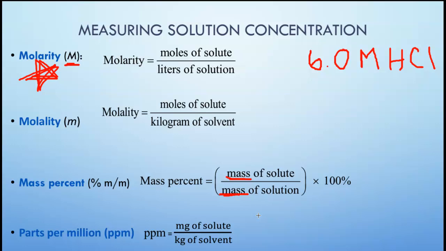It would be like saying 0.002 grams per 1,000 grams. So it's very small. The unit that you definitely need to know is molarity, and that's the unit that we're going to use for the rest of this chapter, or the way that we're going to measure concentration in the rest of this chapter.